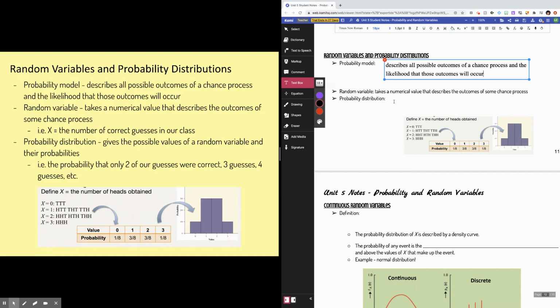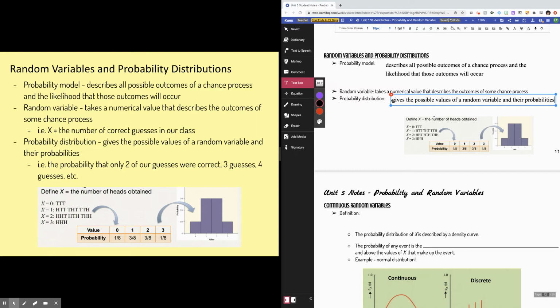A probability distribution gives all the possible values of a random variable as well as their probabilities. The example on the slide is if we were guessing about something, say in the 10 questions that I asked you.